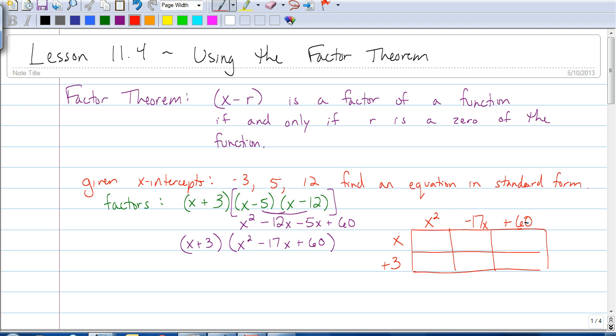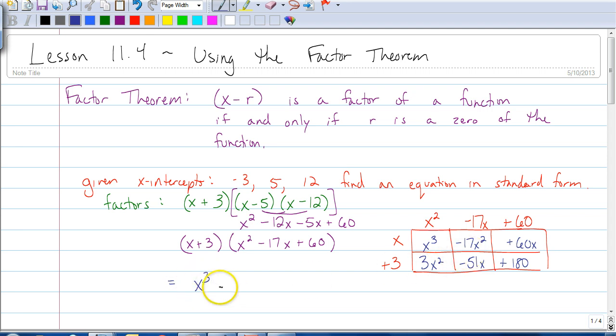When I do that, x times x gives me x cubed. x times -17x gives me -17x squared. And x times 60 gives me 60x. In the next row I multiply everything by 3, so this will be 3x squared minus 51x plus 180.